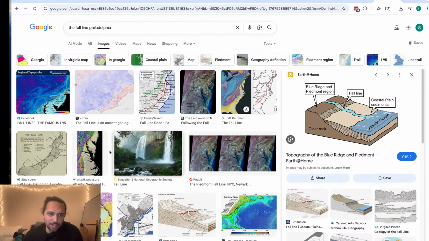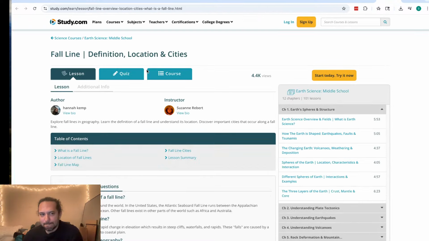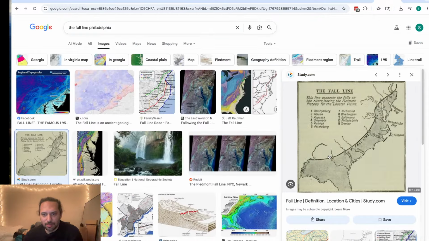Dang, there was a really cool article, but it's an interesting thing to note how many cities are along the Fall Line. I wish I knew more about why that is. Look at all the cities: Montgomery, Macon, Augusta, Columbia, Raleigh, Petersburg, Richmond, Washington, Baltimore, Philadelphia, and Trenton are all on the Fall Line.